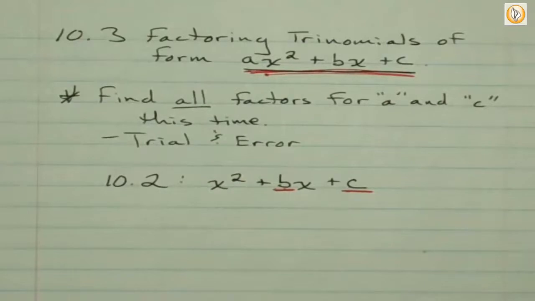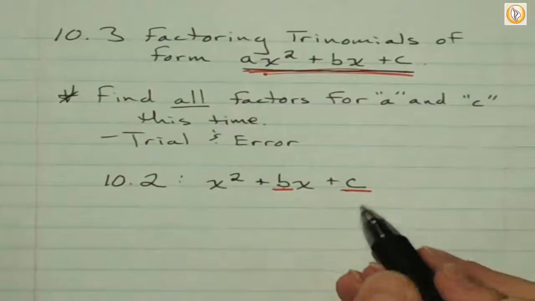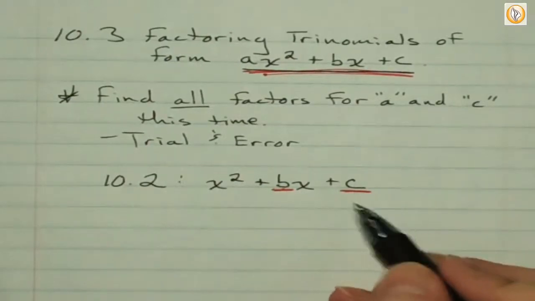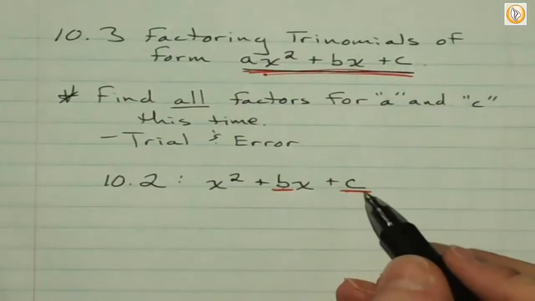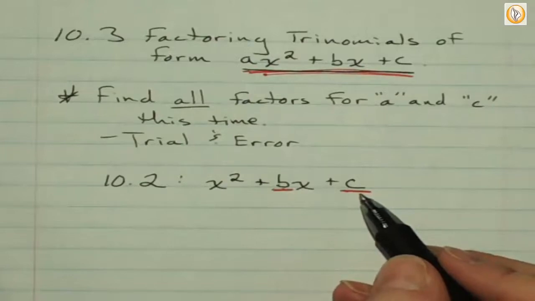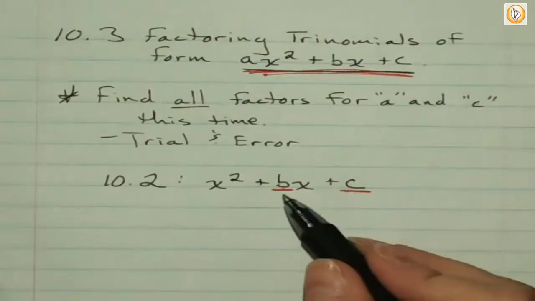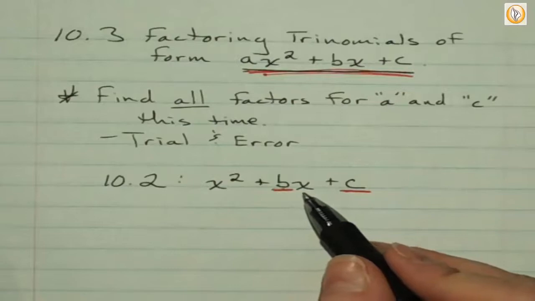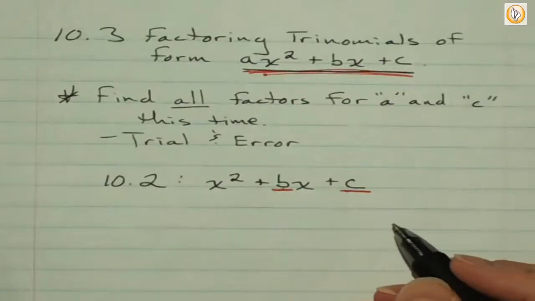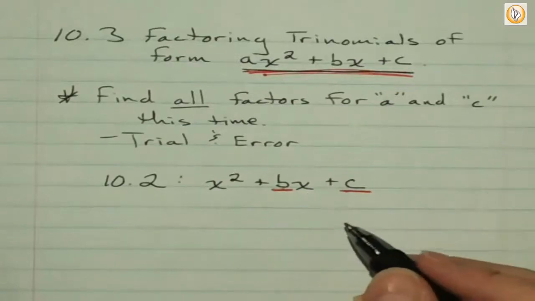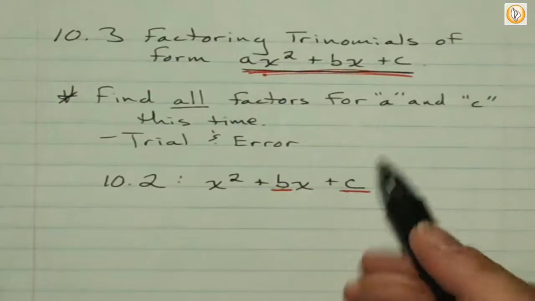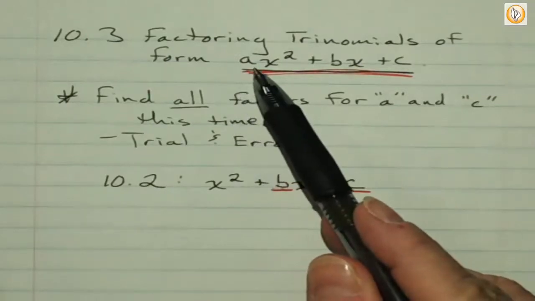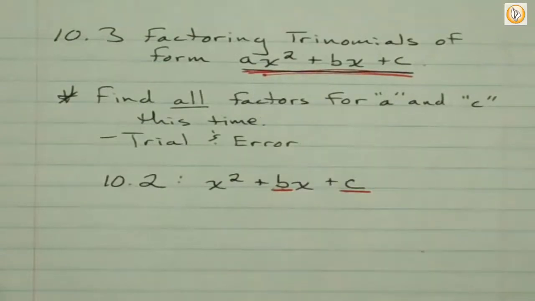Again, why I would never do that to you on a quiz or test. But you still only had to find factors for C that when multiplied give you C, but when added give you B. Okay? The negatives kind of threw people off, but you handled it just fine. Now we're throwing in A. It's taking it up a whole notch.